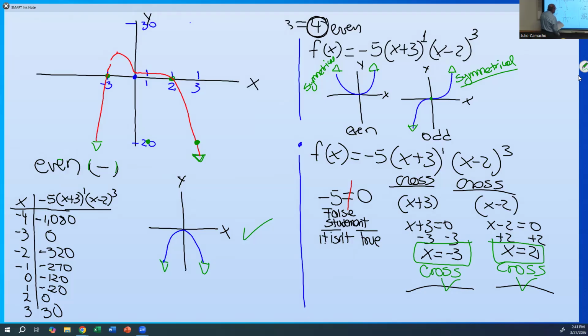Well, that is the question, and turning points. Again, turning points. Now, to find the turning points, you use the formula n minus 1, where n represents the degree of this function.